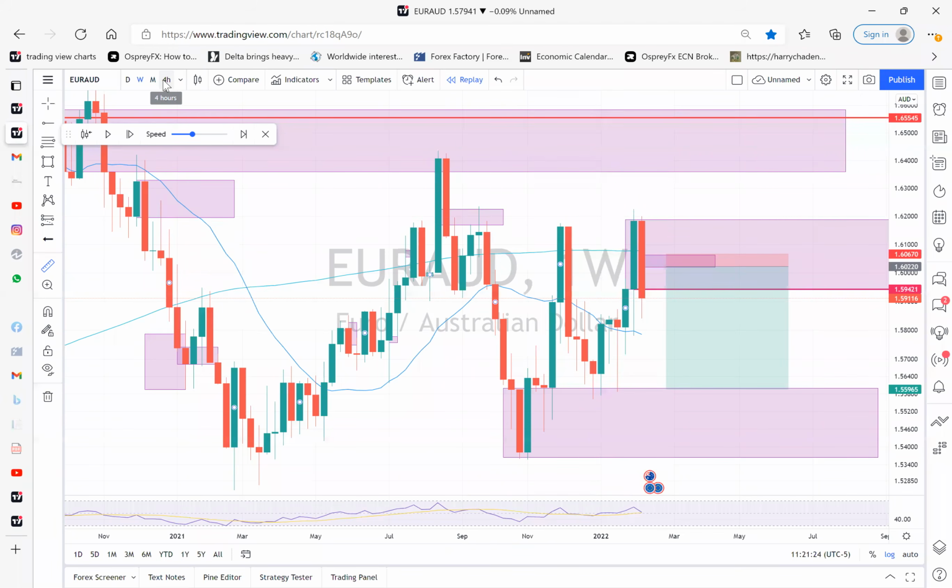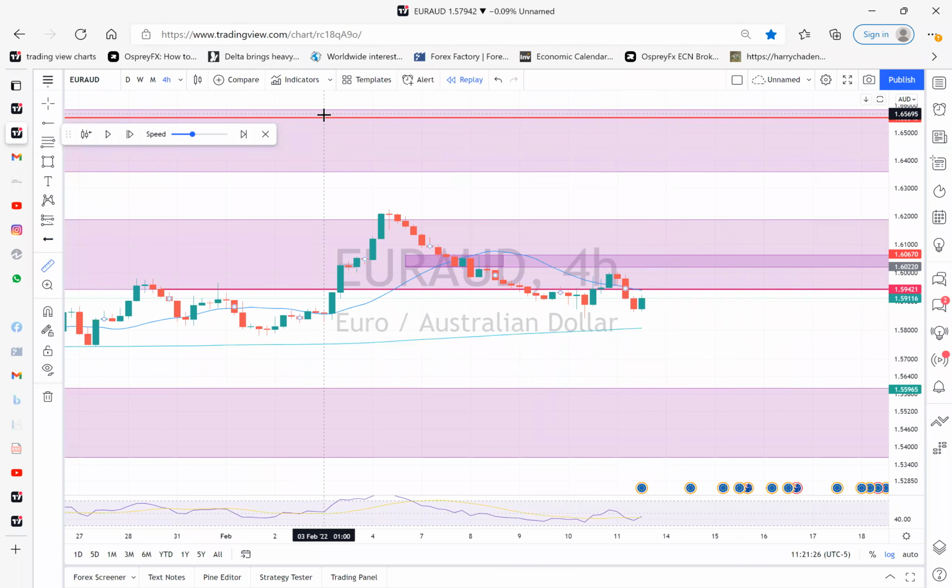All right, let's drop back down to this 4-hour chart because this is exactly the setup that I saw on Sunday, right? So we're going to watch this trade. Now, mind you, I want to buy this trade up as far as it will go.